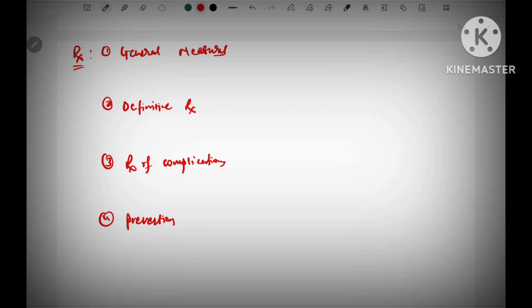So these are the 4 points under which every examination treatment should be told, and if we say these 4 points, then the examiner gets impressed and gives good marks.